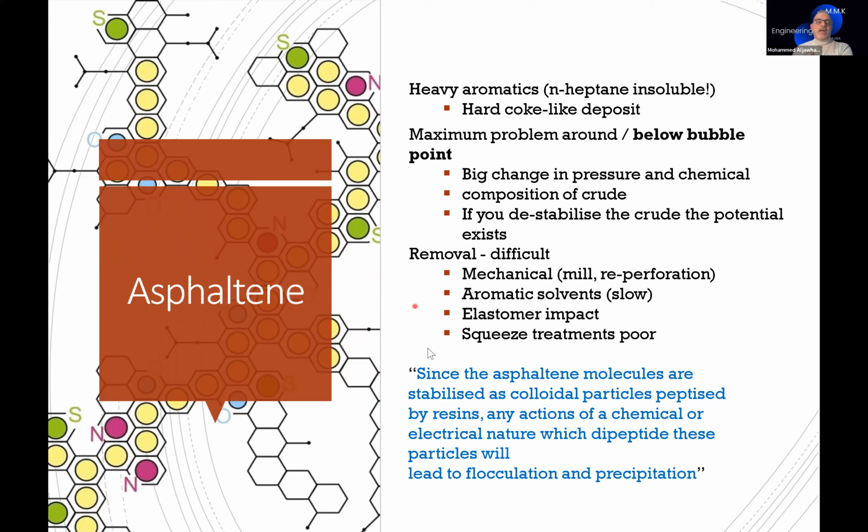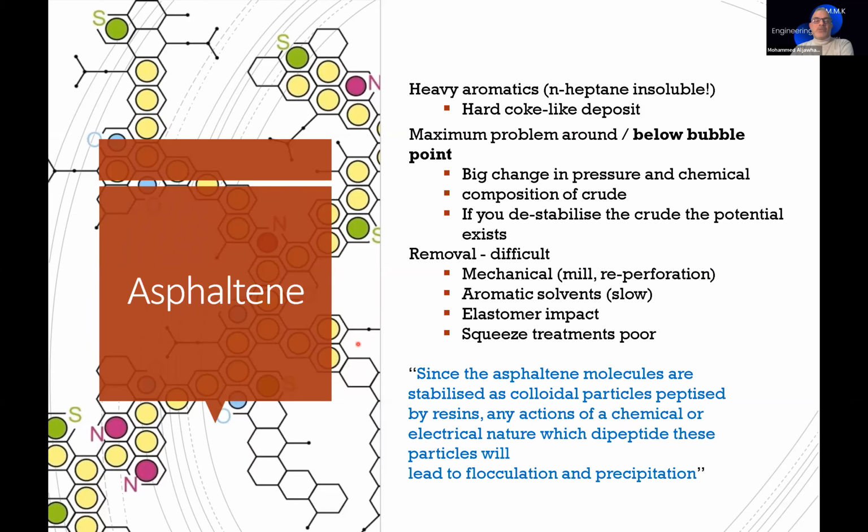The removal of this asphaltene is very difficult, because we need to mill or reperforate, maybe use a solvent, and this solvent does not remove the asphaltene immediately. It will take time, and this time may cost more money and more lost production time from the well.